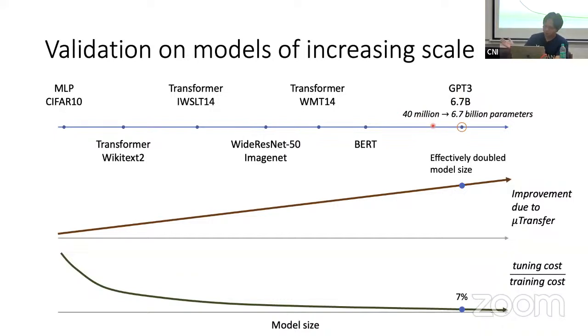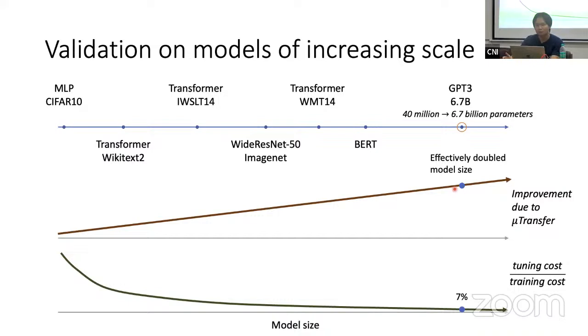This is purely shrinking the width of the model. And when we tune this model using muTransfer, we find that the resulting 6.7 billion parameter model is effectively the same quality as the 13 billion parameter model, so roughly double the model size in some sense.